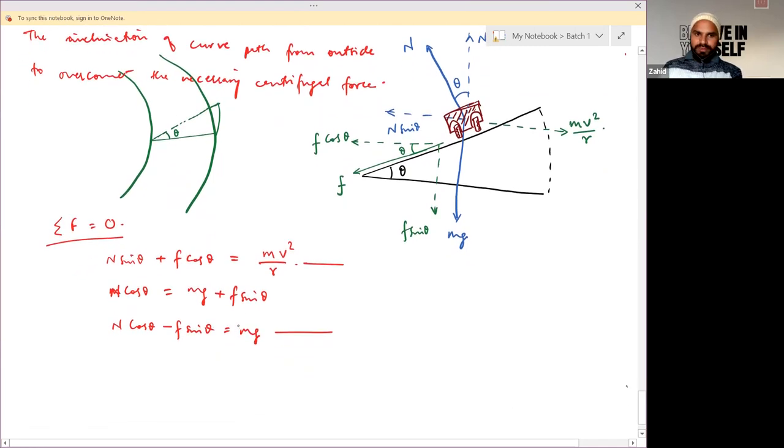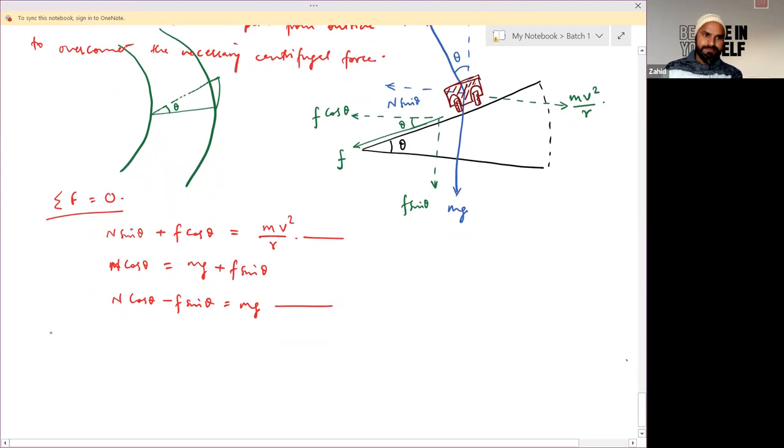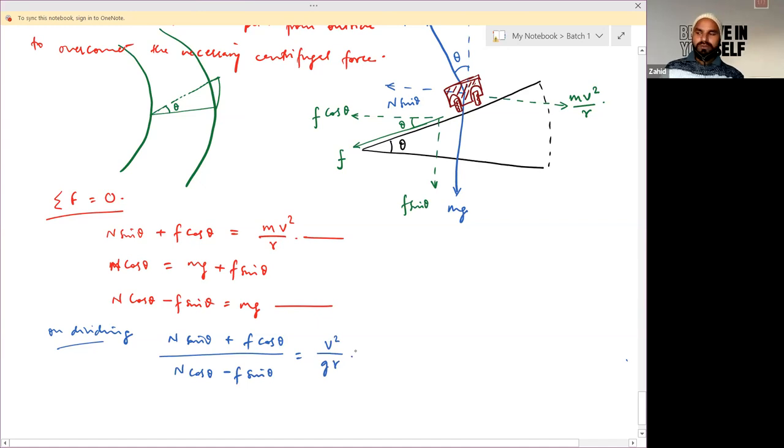Now, if you divide these two above equations, you'll get, on dividing, N sin theta plus f cos theta divided by N cos theta minus f sin theta equals m v square by r over m g, and m cancels out. So you're left with velocity square over g times r.